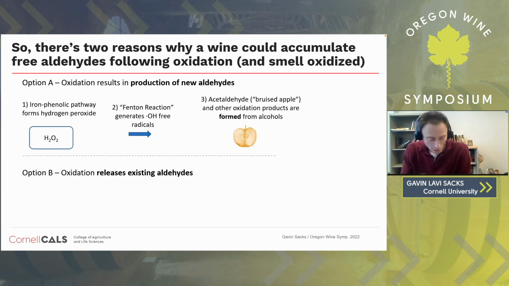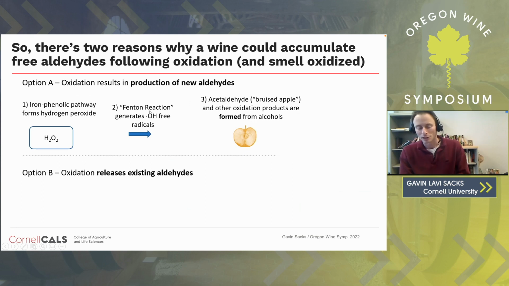Okay, so to wrap up, I'm going to show some new research that we've been working on, which is, if you're paying attention, you should have noticed that there were two ways that a wine could start smelling oxidized as it is exposed to oxygen and consumes SO2. The way that we usually talk about it is that oxidation results in production of new aldehydes. So we have this iron phenolic pathway. It makes peroxide.